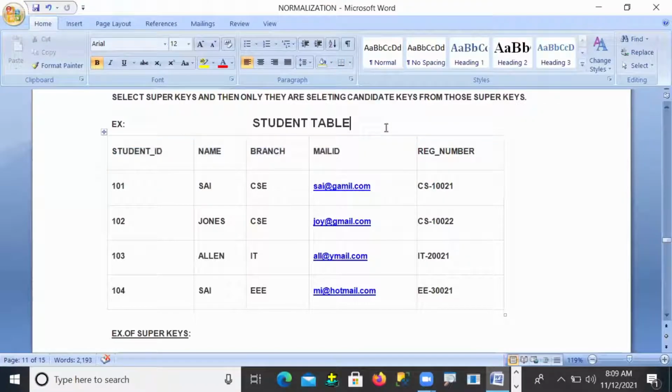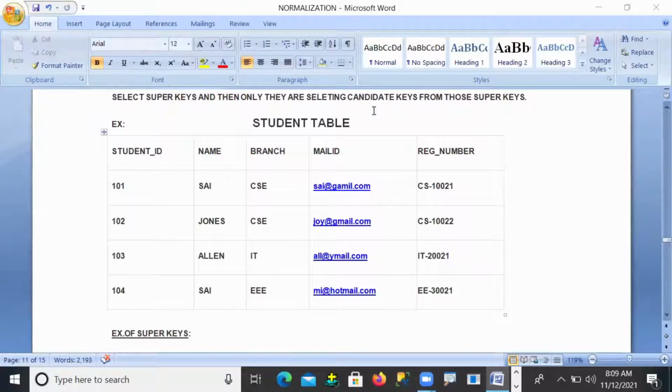So how many columns in total, guys? Total 5 columns are there.